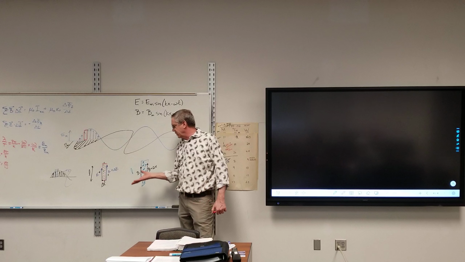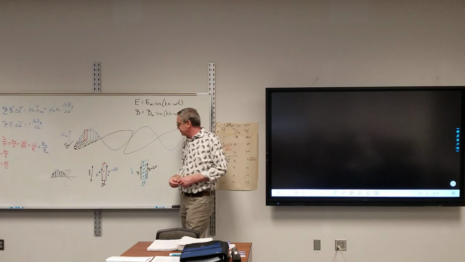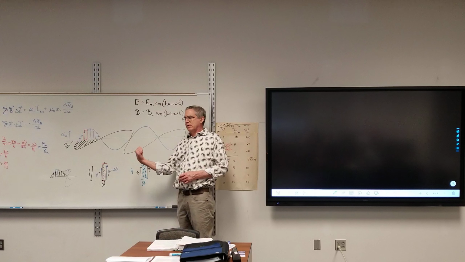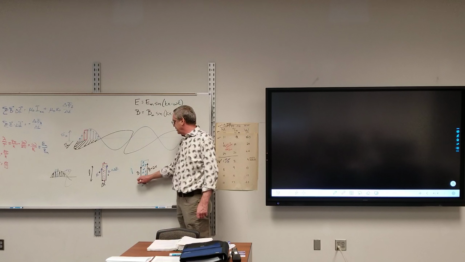Since my electric field is going into the board, I'm going to do my loop going clockwise, by the right-hand rule. My thumb points in the direction of the electric field. That works for electric field too. So I'm going to start here, and then move up.